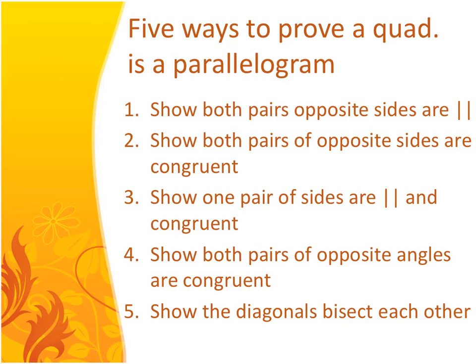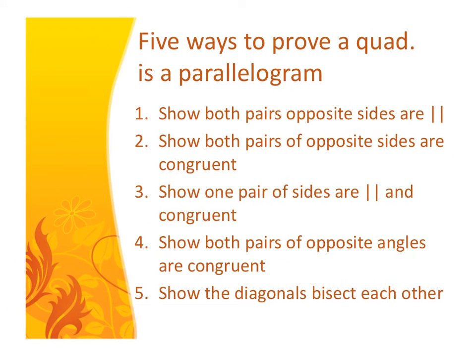Next slide. This is going to sum it all up. There were 5 properties of a parallelogram. So there's 5 ways to prove that the quadrilateral is a parallelogram. So here, you must show that both pairs of opposite sides are parallel. Another way would be to show both pairs of opposite sides are congruent.